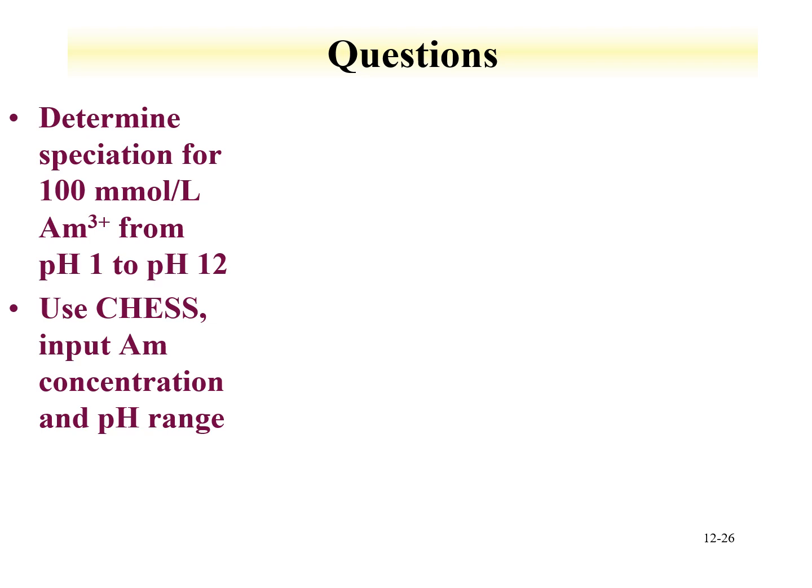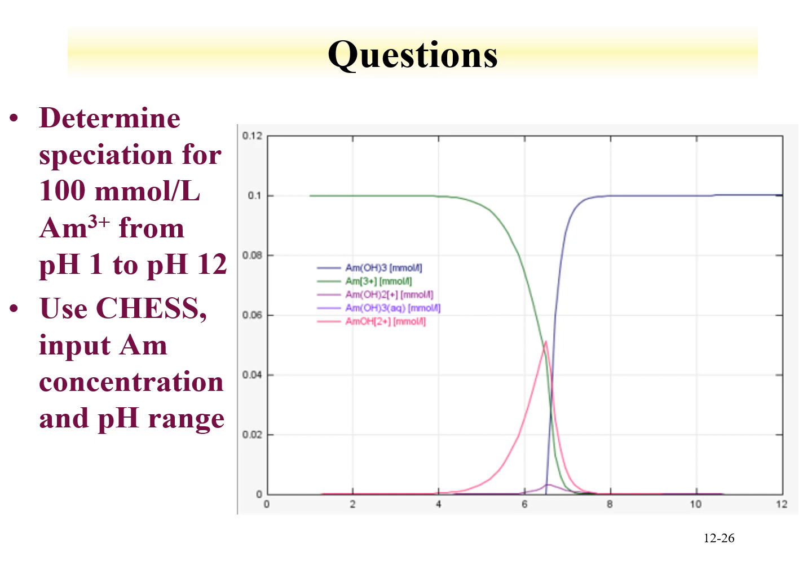This would have the way of accessing all the constants in the CHEM database, and you can develop a figure that would look like this, where you would see that the concentration of americium-3 is dominant at the lower pH. As you increase pH, it starts to tail off. You get the monohydroxide forming, a little bit of the dihydroxide, and then around pH 7 you start to get the americium trihydroxide form.